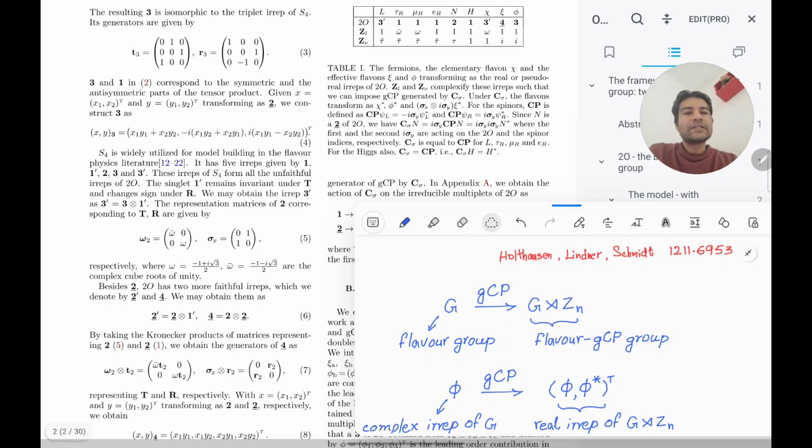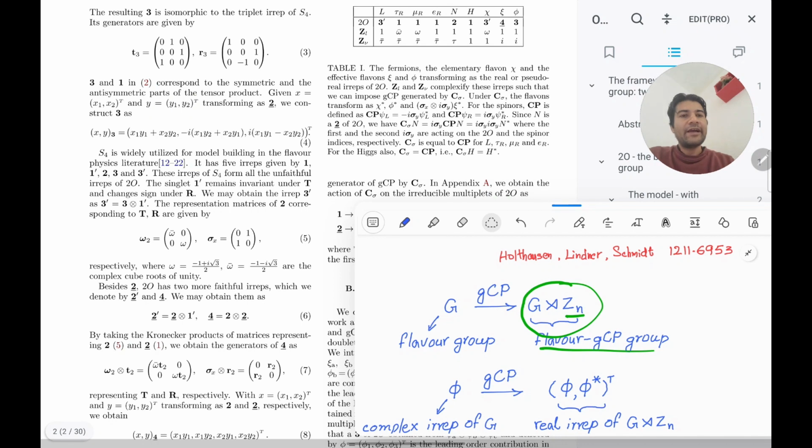And this larger group is of the form G semi-direct product Zn. So we may call this group a flavor GCP group, because this group contains both the transformations in the flavor group as well as the GCP transformations. For simple cases, Zn is simply Z2, but it can be other larger cyclic groups also.